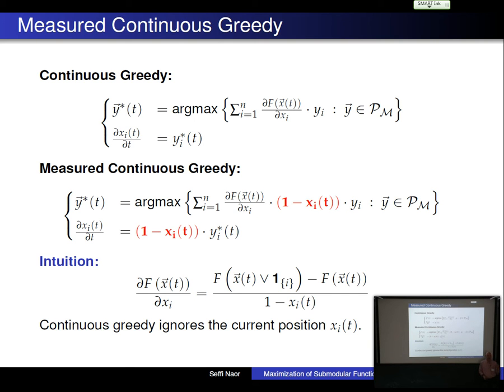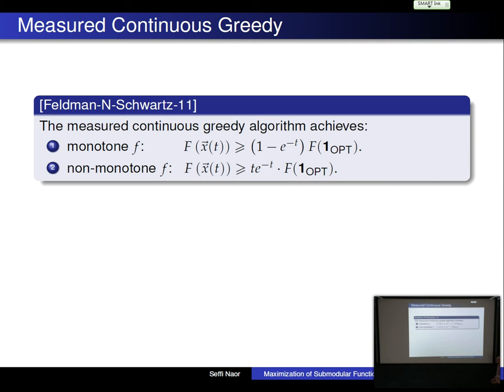So that derivative is fixed. It does not depend on where we are. And this is the extra information that we're using in the measured continuous greedy. And also, our rate of growth is more bounded. It is multiplied by 1 minus x_i of t. Let's see what we gain from this small change.